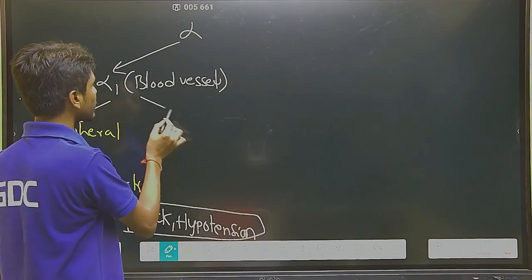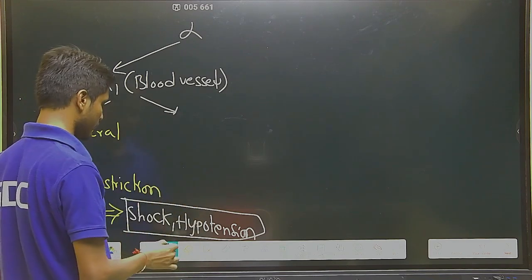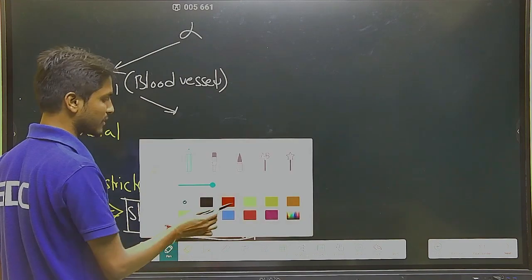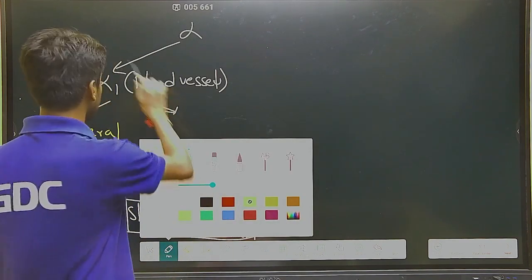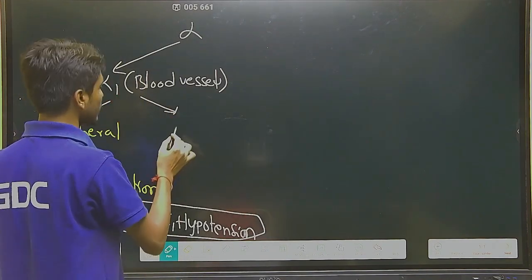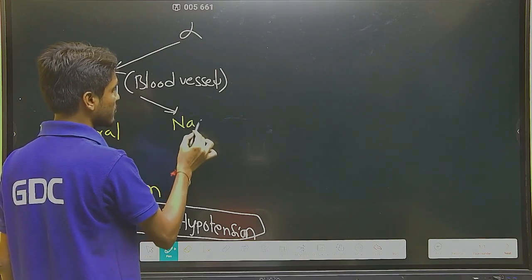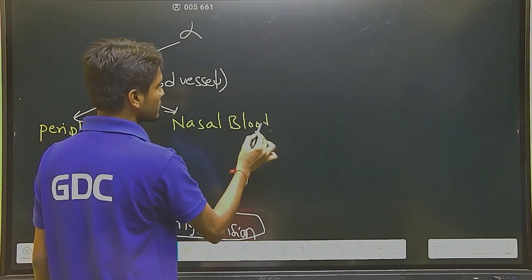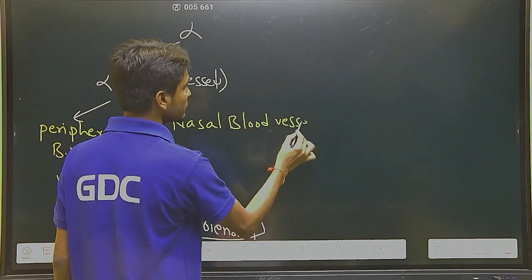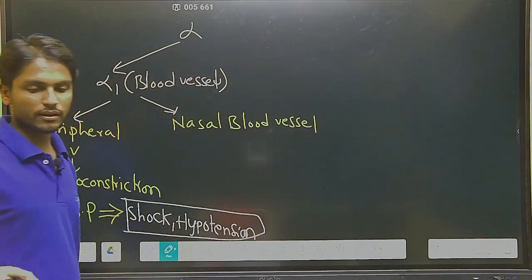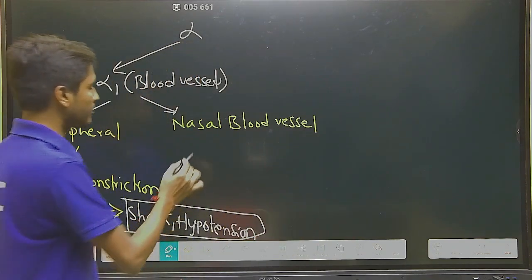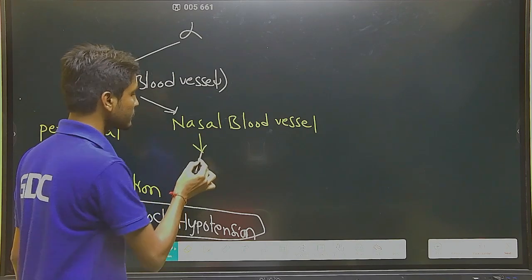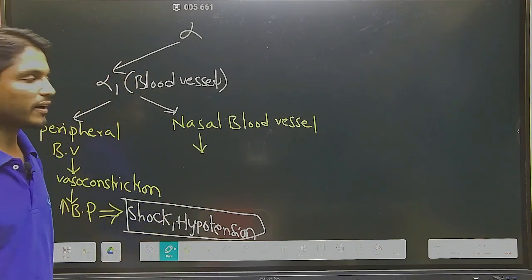If the alpha 1 receptor is located on the nasal blood vessel, what will happen? Vasoconstriction only.